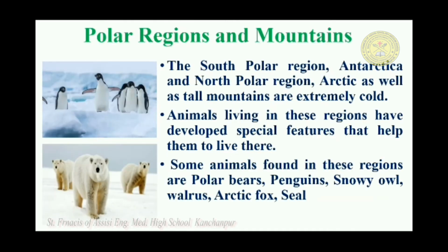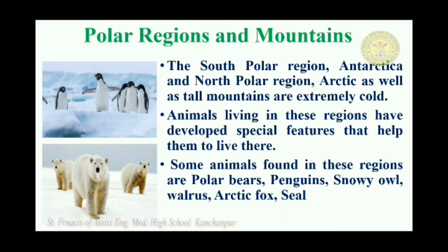So our next topic is polar regions. So animals living in these regions have developed special features, and these special features help them to live there. So some animals found in these regions are polar bears, penguins, snowy owl, walrus, Arctic fox, seals.